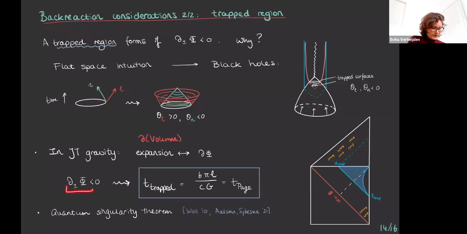So you will have to look at the null derivatives of the bulk dilaton, and where they are negative, a trap region will form. We've computed this for a corrected bulk dilaton, and we find that this happens exactly at the page time. So this is the boundary of this trap region.